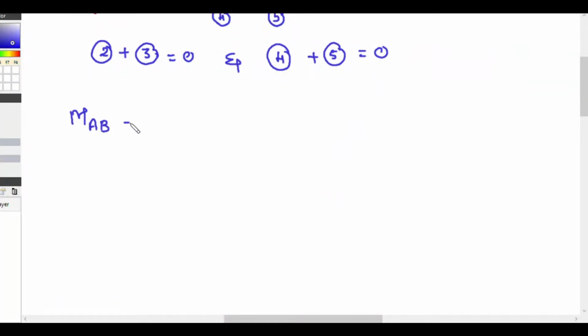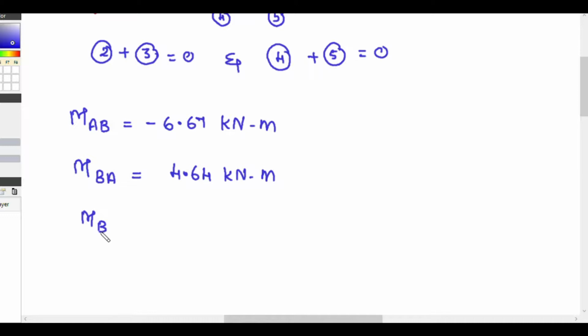MAB will be equal to minus 6.67 kilonewton meter. MBA is equal to 4.64 kilonewton meter. MBC is equal to minus 4.64 kilonewton meter. That is our condition, at joint B, MBA plus MBC will be equal to 0. That is 4.64 minus 4.64.